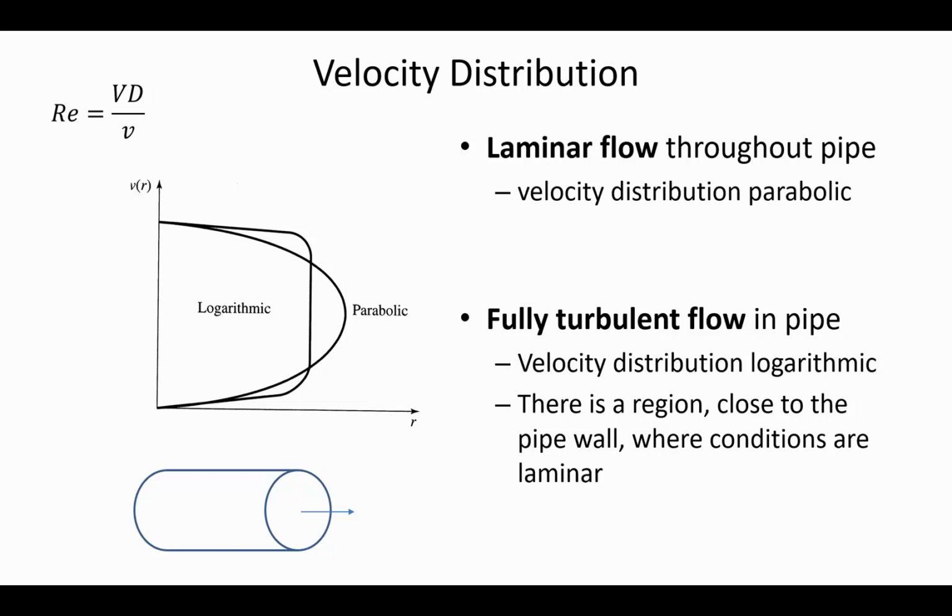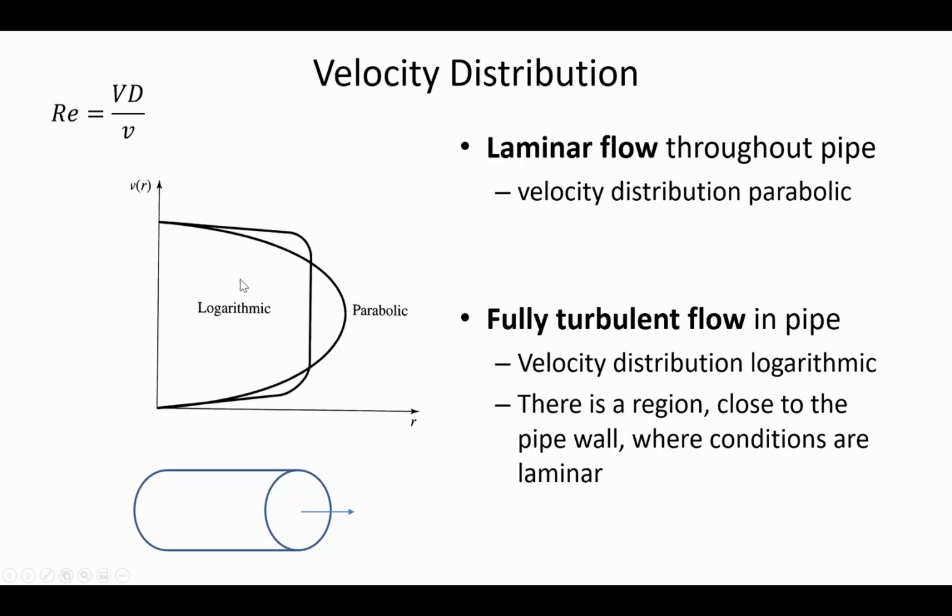Remember that water has viscosity that resists flow, and so as water flows in this illustration, we're saying, for example, that water is flowing from the left towards the right in the pipe. If we have laminar flow conditions, according to the Reynolds number, meaning the Reynolds number is less than 2,000, then we could expect the velocity distribution to have more of a parabolic shape.